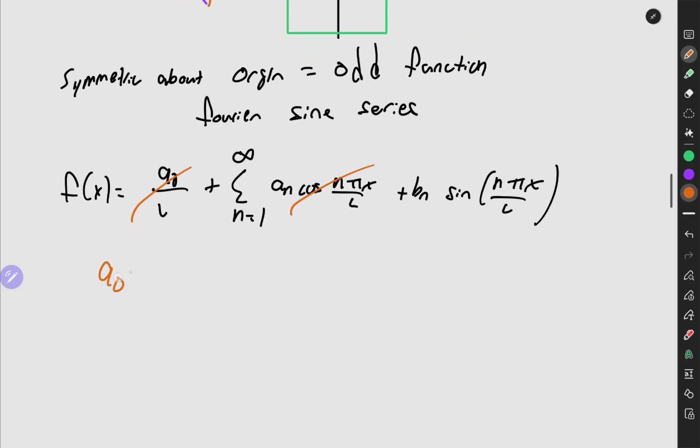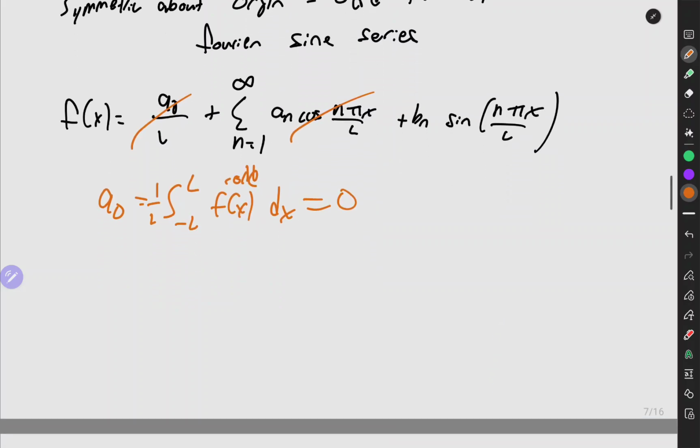Because a sub naught is what? 1 over L, integral from negative L to L of f of x dx. The integral of an odd function is always 0.